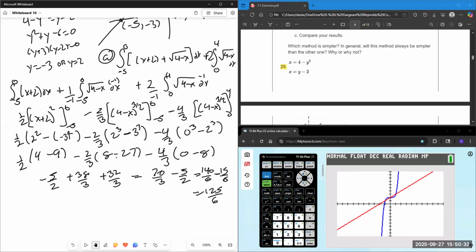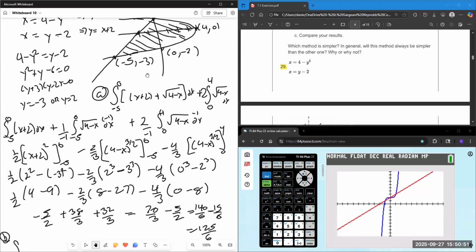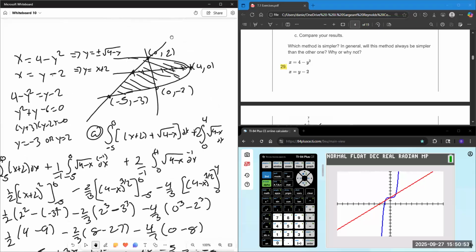That was part A. Part B is to set it up with respect to y. And so that's going to go from y is -3 to 2.